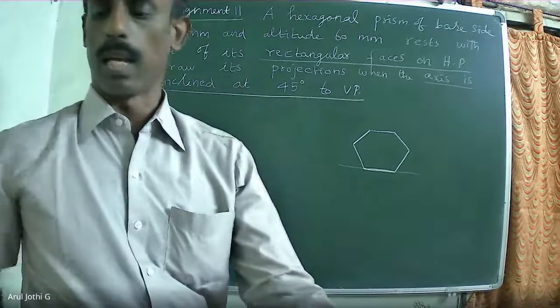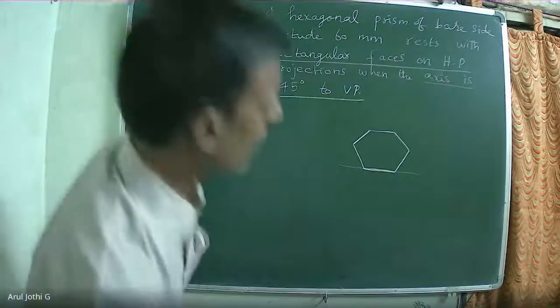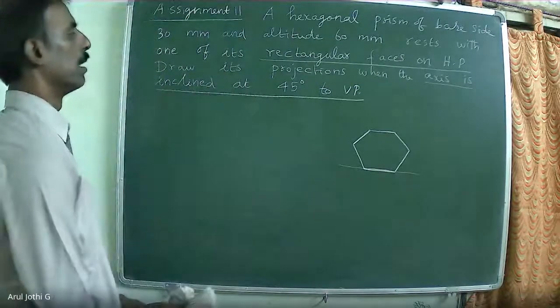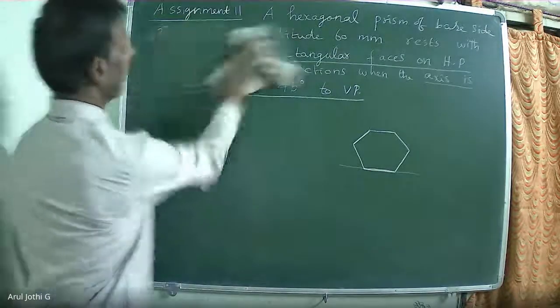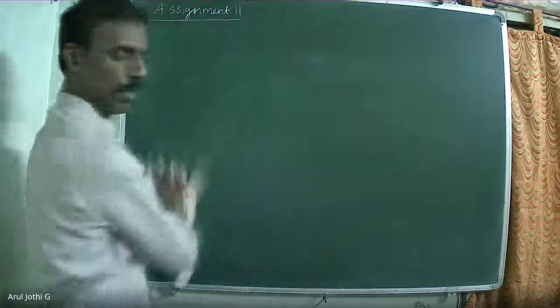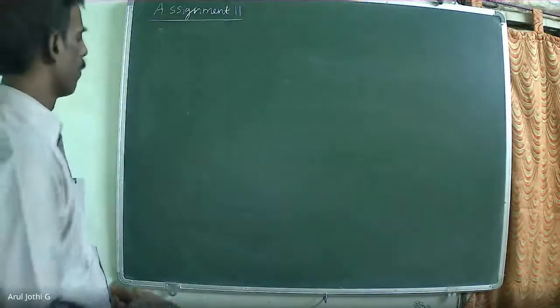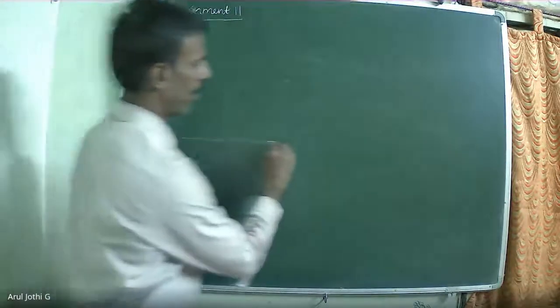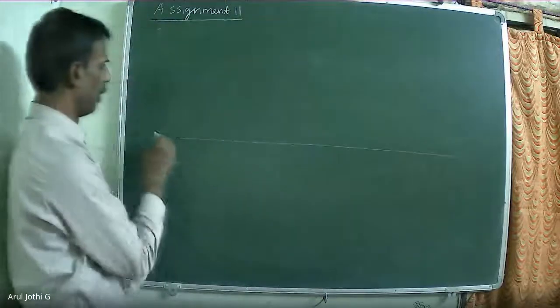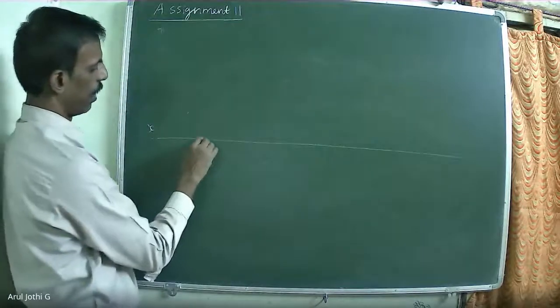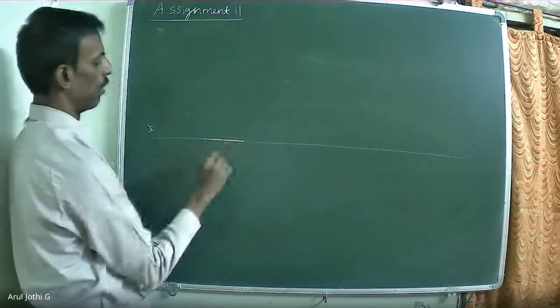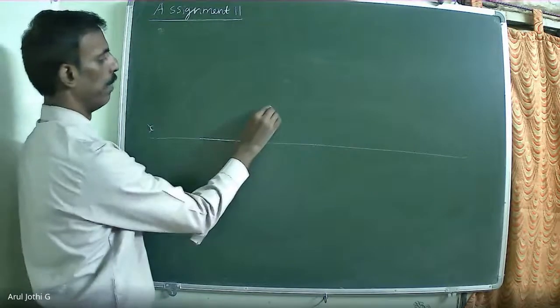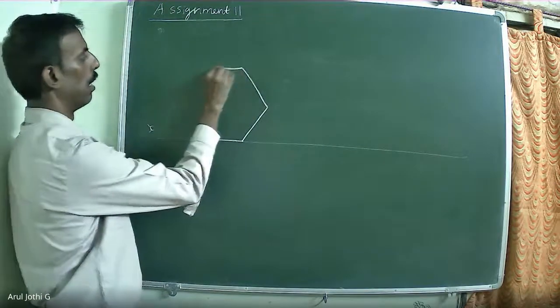Now start the diagram with the front view when the axis is inclined to VP. So keep one side on the XY line so that rectangular face will be lying on HP.